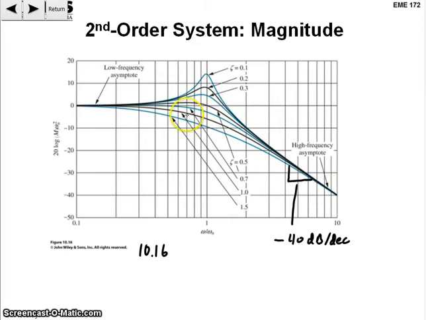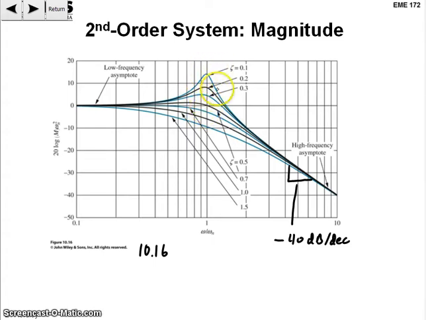That's one way to intuitively get an idea about bandwidth. We're going to talk about bandwidth being based on the minus 3 dB point, where minus 3 dB is measured relative to the low frequency gain. We could draw a line at minus 3 dB and see where all these curves cross it. You can eyeball it and see that when zeta is about 0.5 to 0.7, we get the largest useful bandwidth without peaking in the gain.